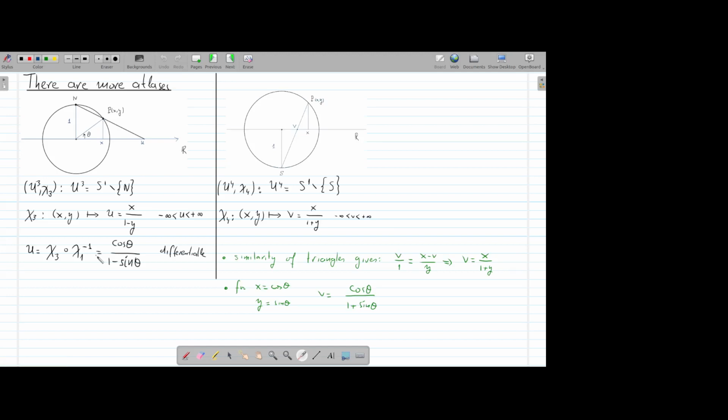But we can do a similar projection using not the north, but the south pole of the circle. So we consider the set, which is the circle S1 with the point S removed.